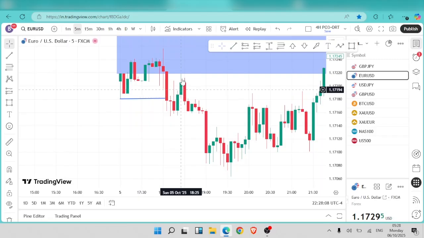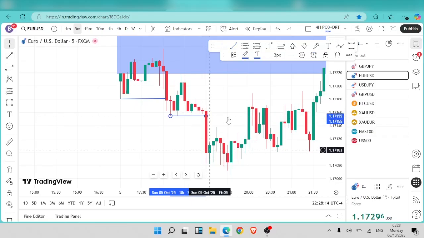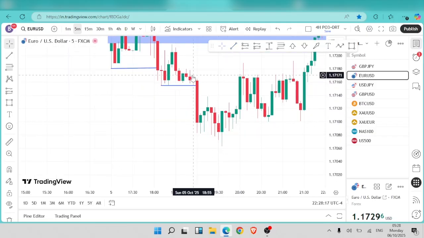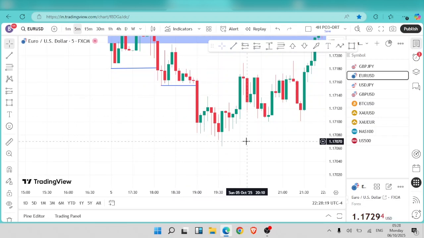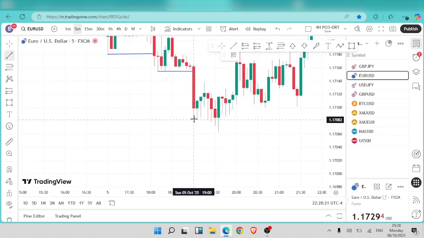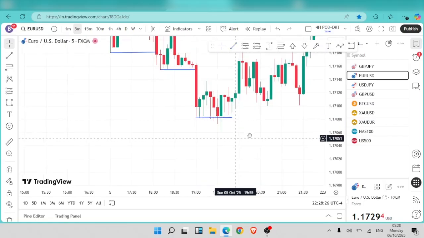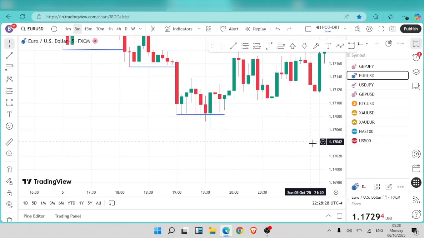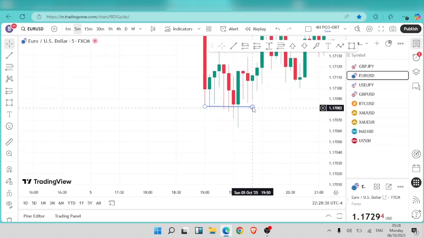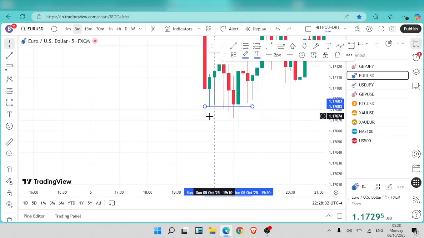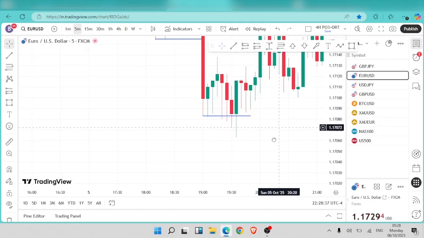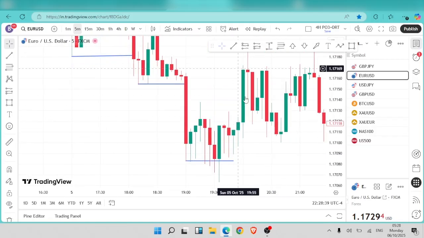Then a short-term reversal, and then closing below this low, and then a short-term reversal, and then now we have these lows here that price failed to close below. Now this is what we call a liquidity sweep, because price has failed to close below it. It was just sweeping this accumulated liquidity right here, and then probably makes an upward move.